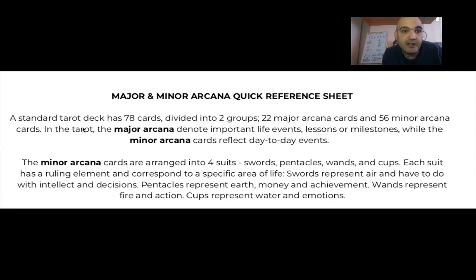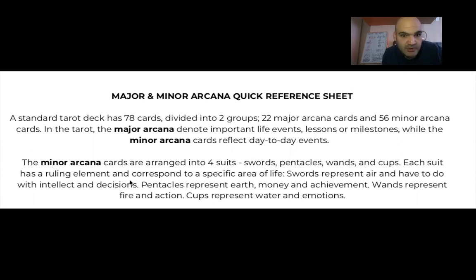A standard tarot deck has 78 cards divided into 2 groups, 22 major arcana cards and 56 minor arcana cards. In the tarot, the major arcana denote important life events, lessons, and milestones, while the minor arcana cards reflect day-to-day events. The minor arcana cards are arranged into 4 suits: swords, pentacles, wands, and cups.